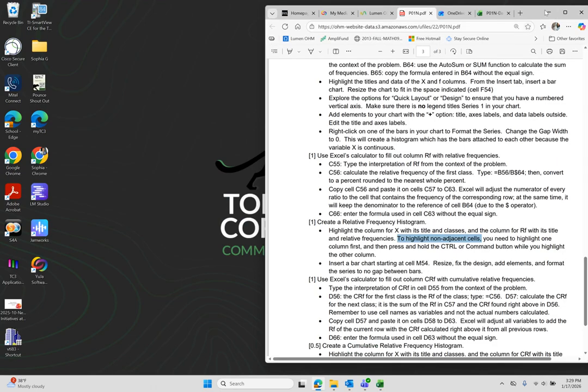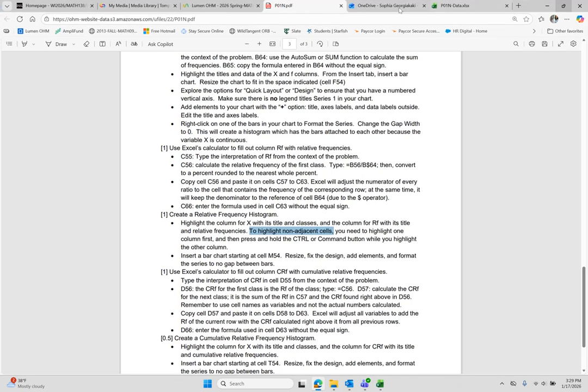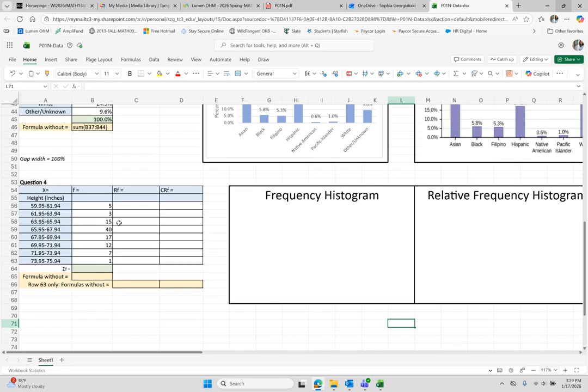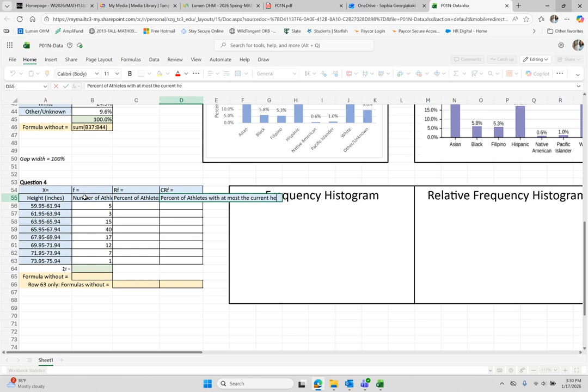Now, how are we going to do that in Excel Online? So, same idea here. F is the number of athletes. Relative frequency is the percent of athletes. Cumulative relative frequency is percent of athletes with at most the current height.